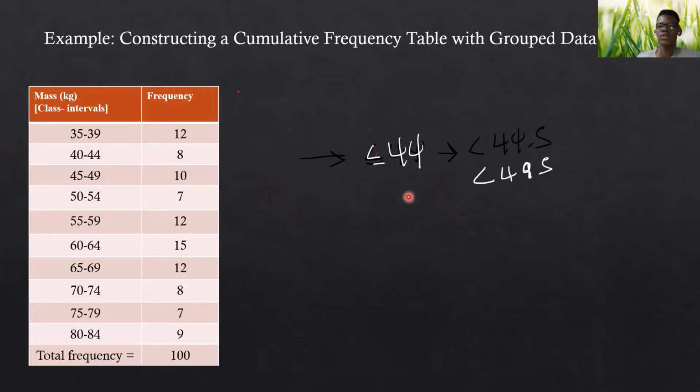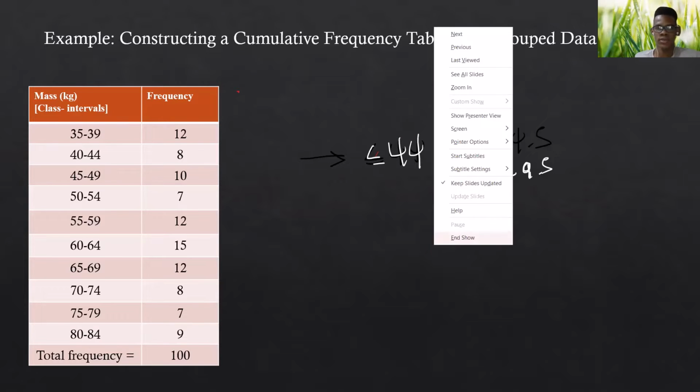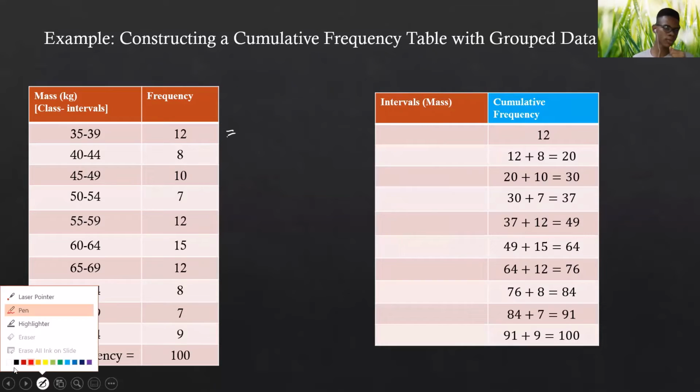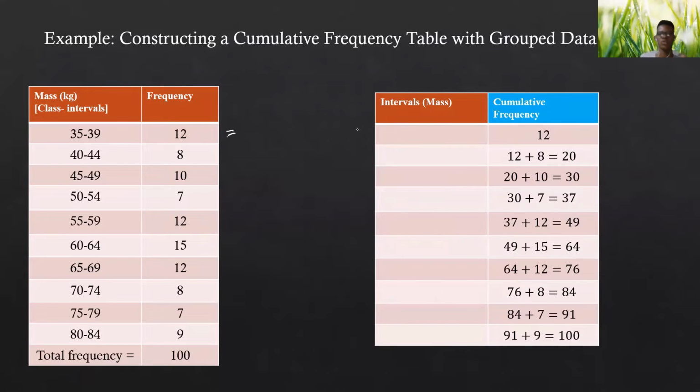Now what you see here might look confusing, so the first step is our observation column for our cumulative frequency. It's always more than or less than. You can use less than as well. Now this column, you have your cumulative frequency column, but the observation column is a bit different than if we were just looking at ungrouped data.